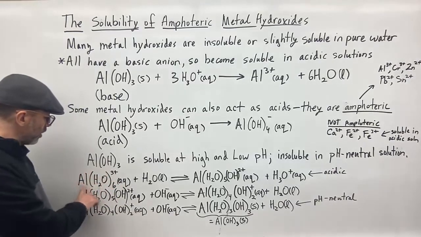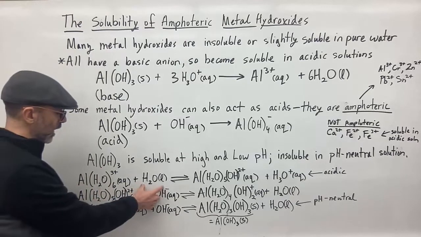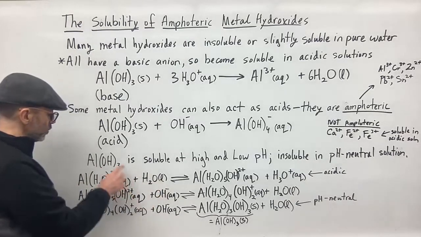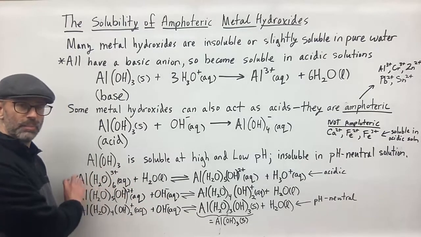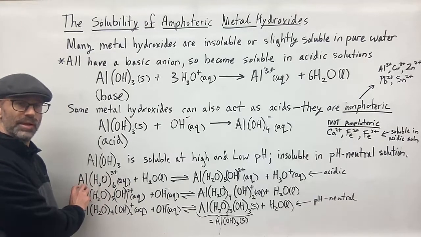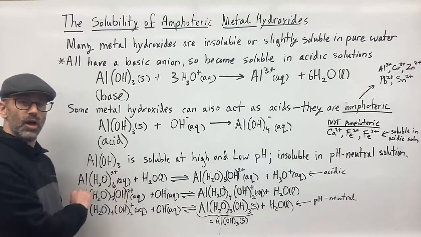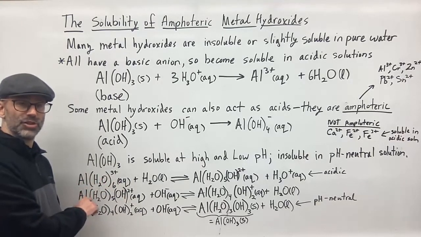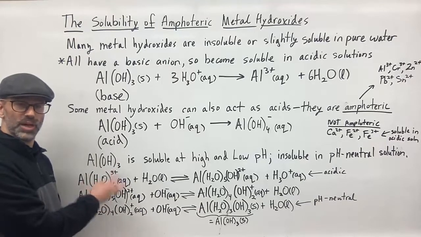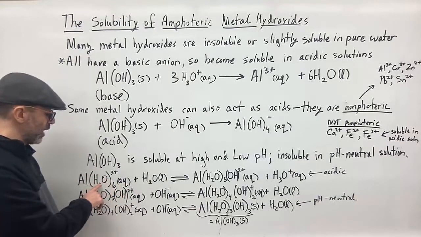So you have 6 water molecules, and one of these water molecules that are bound to the aluminum is going to lose a proton or a hydrogen from the molecule. So it becomes an acidic proton.